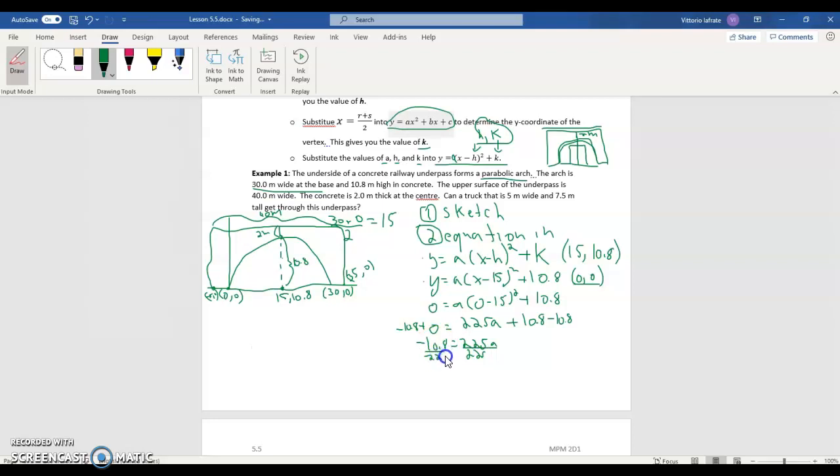And you'll notice that my a value makes sense, or at least part of it makes sense, because it's negative and our parabola opens downward. So our a value is negative 0.048.